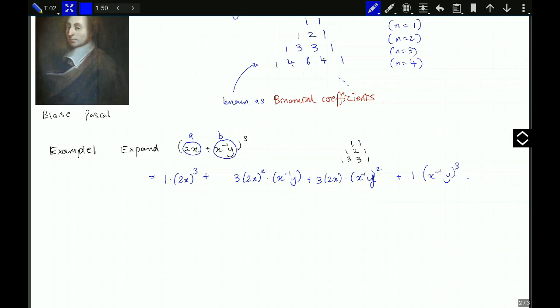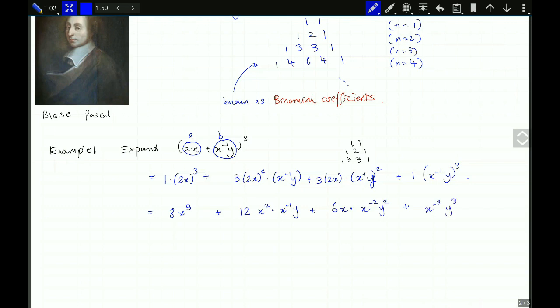And so this is some mess, which if I multiply out, I get 8x cubed plus 3 times 4 is 12, x squared times x inverse y, plus 6x times x to the minus 2 y squared, plus 1 times x to the minus 3 y cubed.